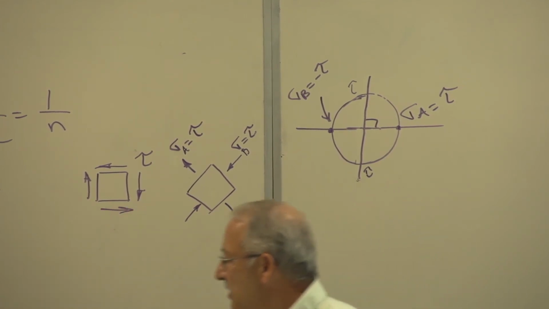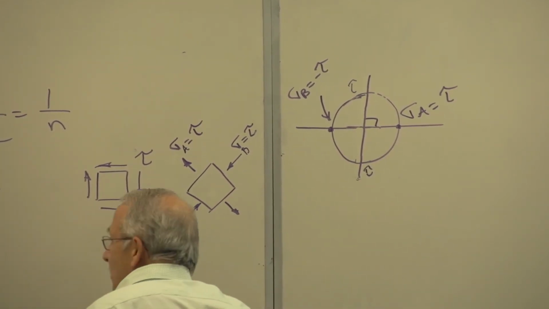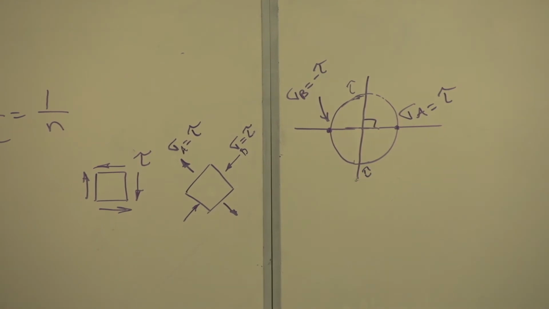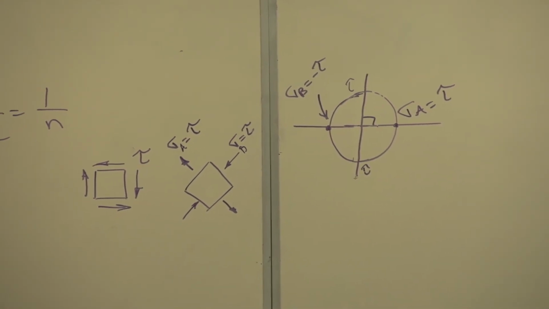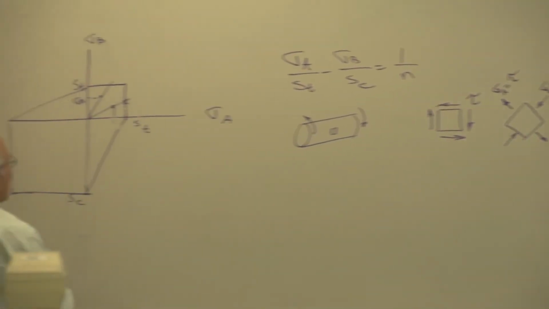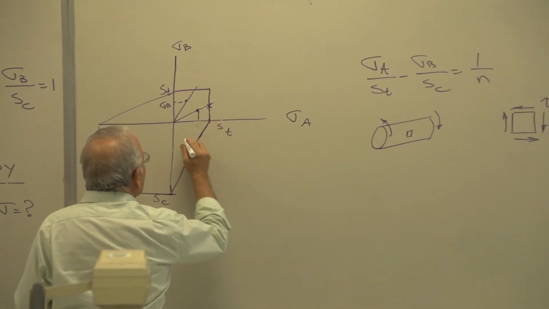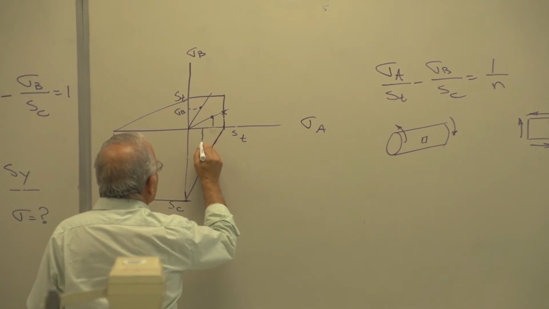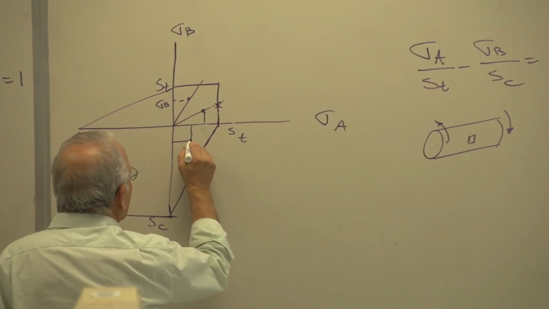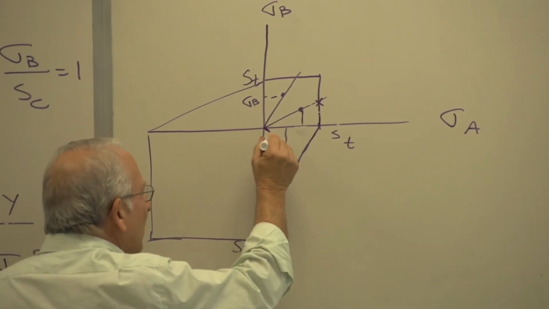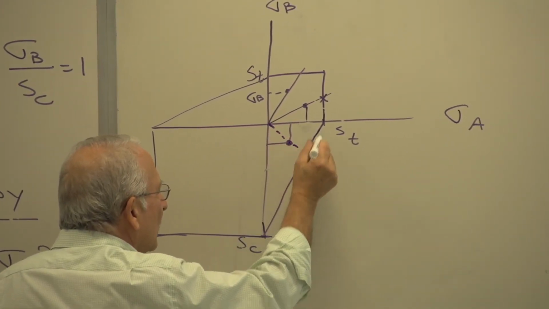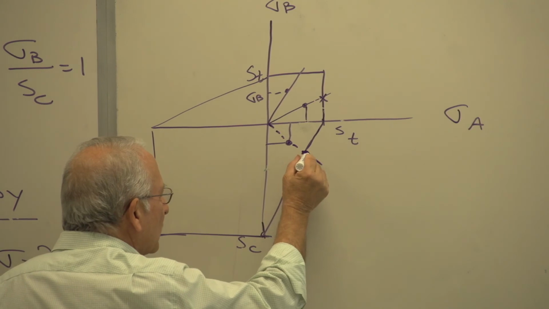Well, let's see if this gives us the same thing. Erase that green line now. And here's my point. I just draw a point where the two stresses are equal in magnitude. There it is, right there. There is my load line. There's my strength line, and they cross over here.